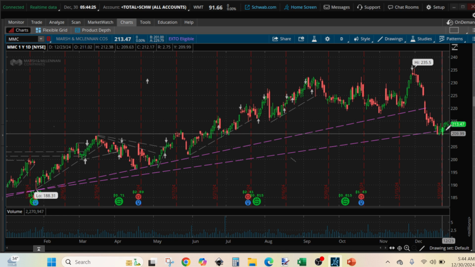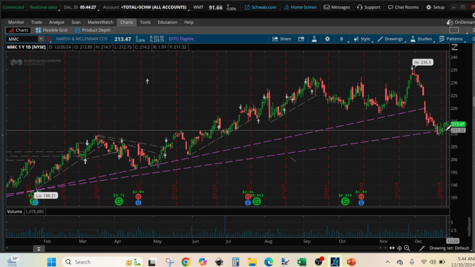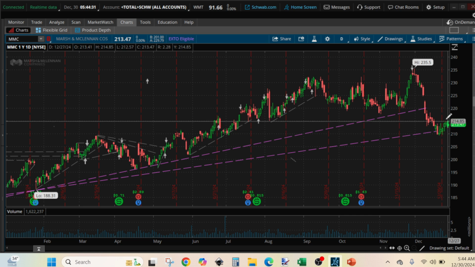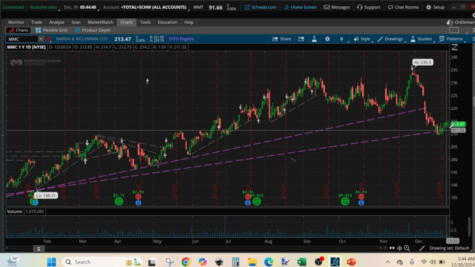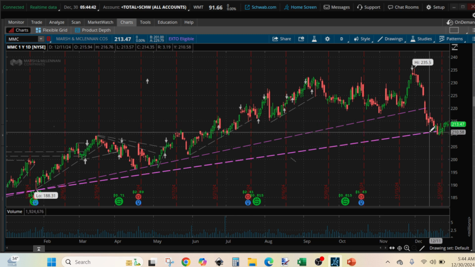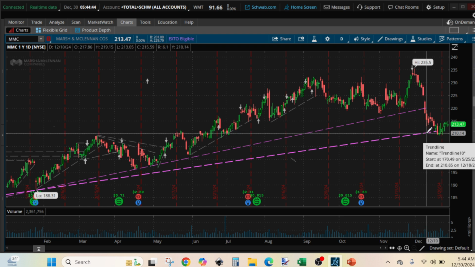Okay. Wow, there is quite a bit of going up going on here. So we'll wait for the pullback. When it starts going up, we'll have a confirmation that it is following this line here.